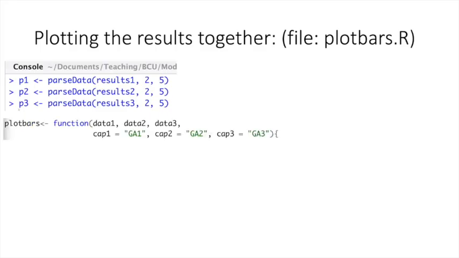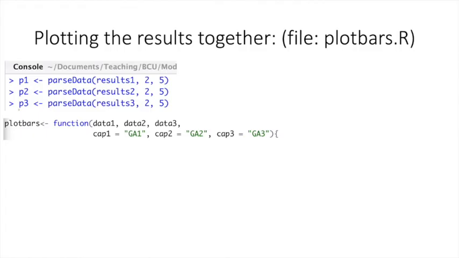Now we are ready to plot, so we shall use another file called plotbars.R. This file has a function called plotbars, and this function expects that the parsed data output from the 3 variables on top of the slides will be supplied to it.